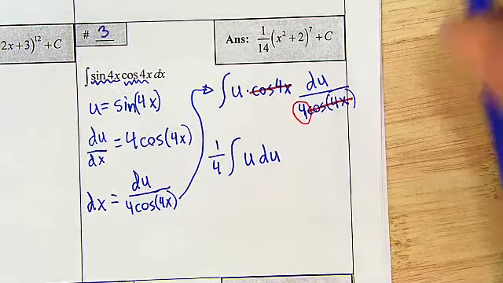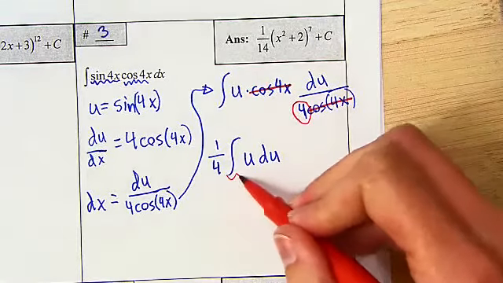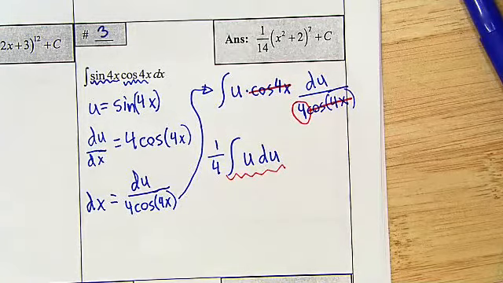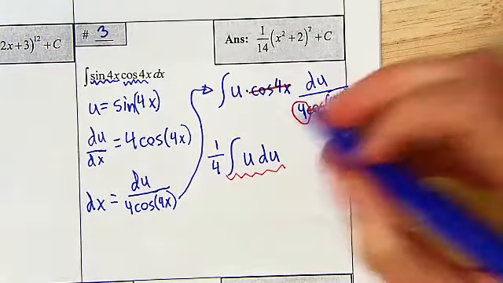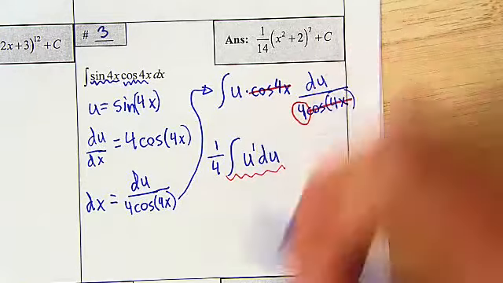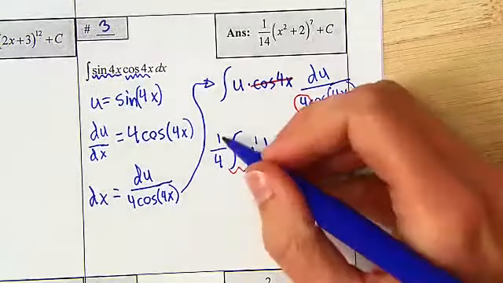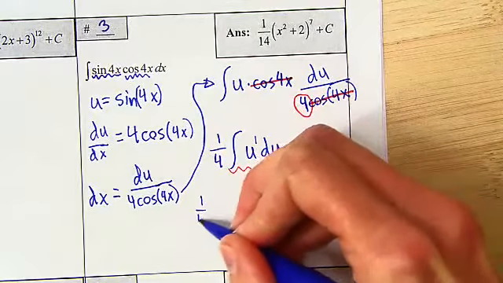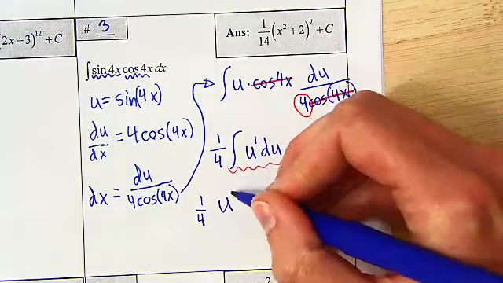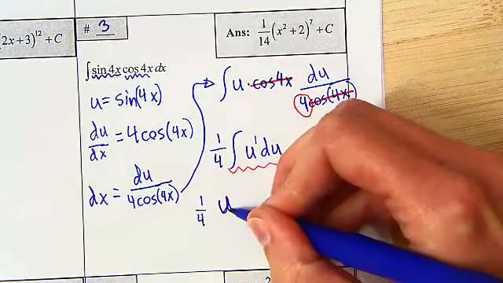So now I can go ahead and take the integral of this, and I would just use my normal integral power rule. I'll want to remind myself that the exponent on that u is technically a 1. So when I integrate it, I still have my 1/4 out in front. And then I'll have u, and I add 1 to that exponent. So that would be u to the 2.